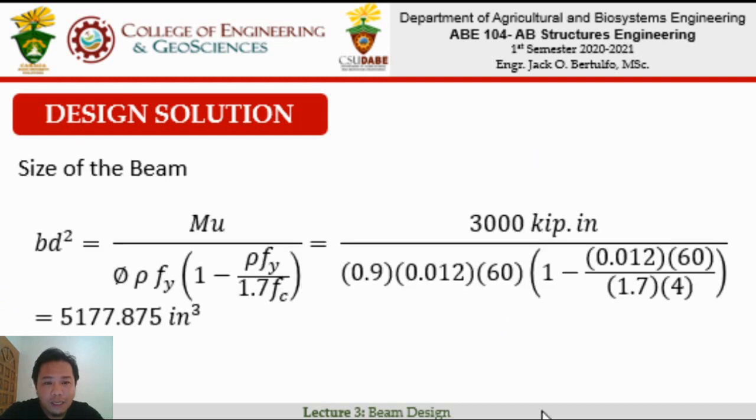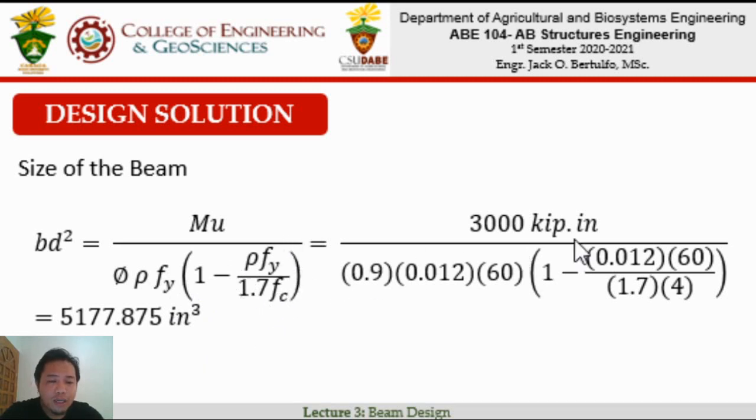Let's calculate the size. We have here an expression we use to calculate the beam. BD squared equals Mu over phi rho fy times the quantity 1 minus rho fy over 1.7 fc, where Mu is the design moment, phi is a constant, 0.9, rho is the reinforcement ratio, and fy is the strength of the steel.